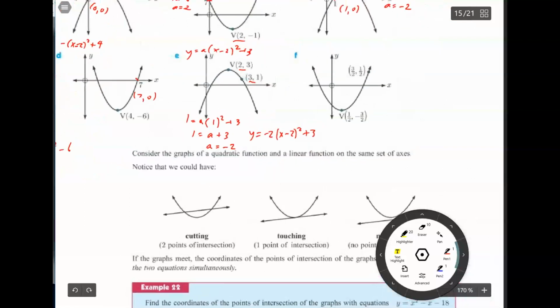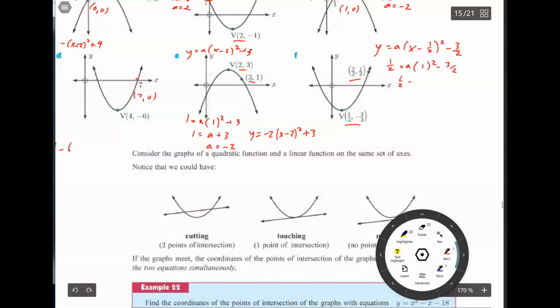Okay, last one. So the vertex here is a fractional mess. It's y equals a times (x minus 1/2) squared minus 3/2. And my known point is (3/2, 1/2), so I could put 1/2 equals a times (3/2 minus 1/2, which is 1) squared minus 3/2.